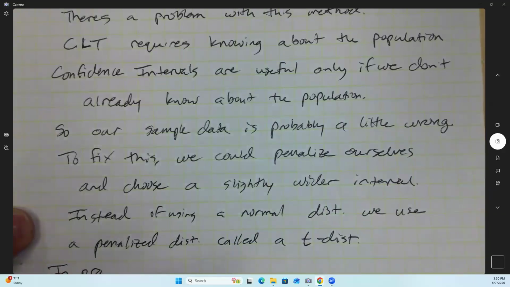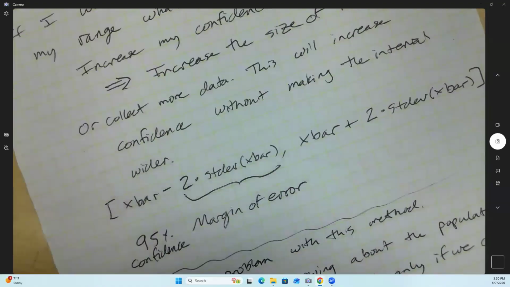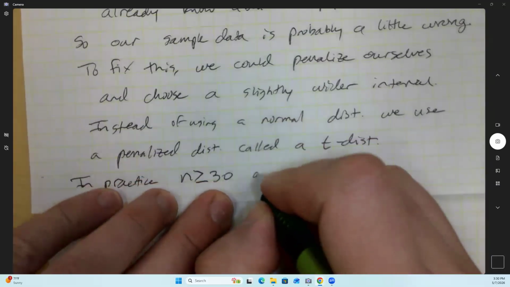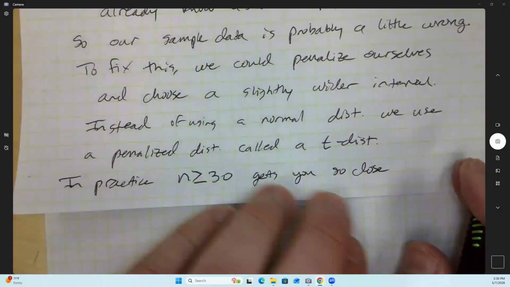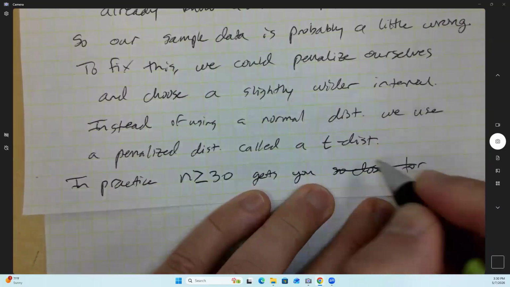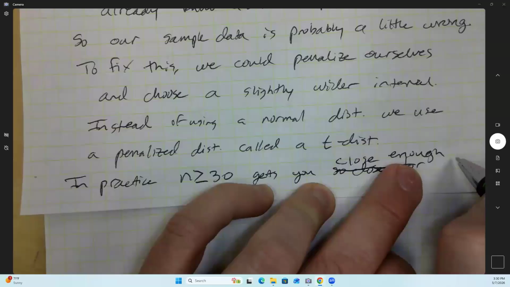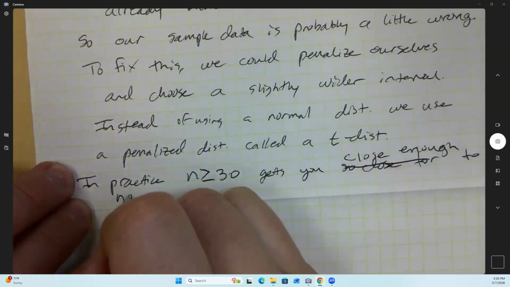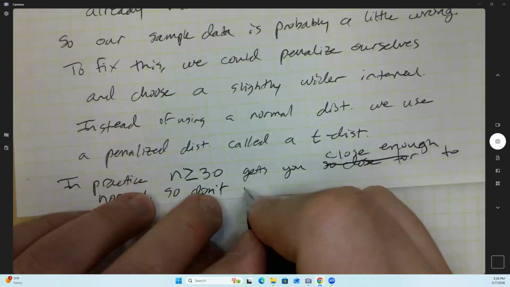In practice, n at least 30 gets you so close, or I should say close enough, to normal, so we don't have to worry about it.